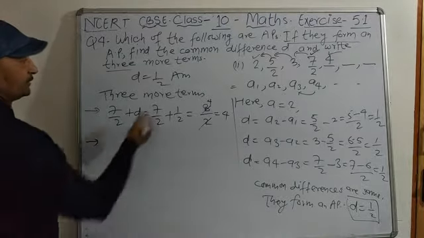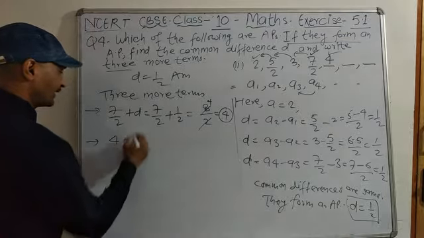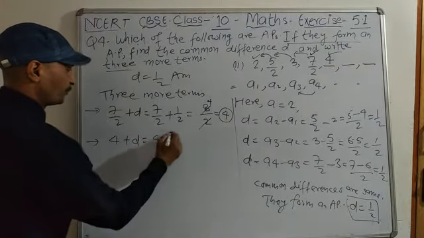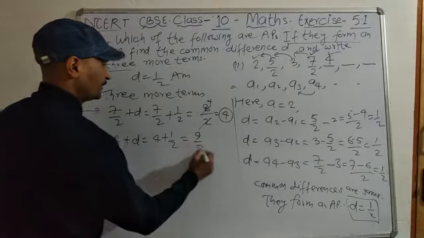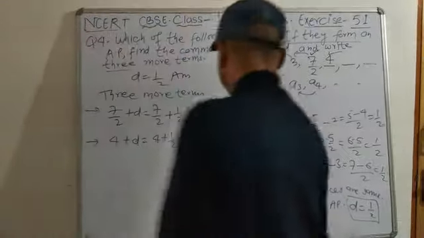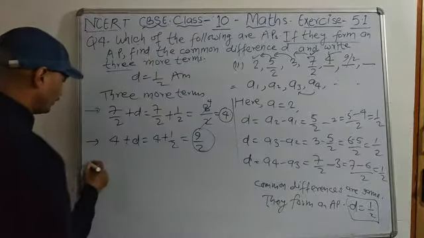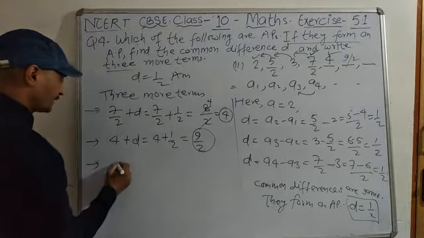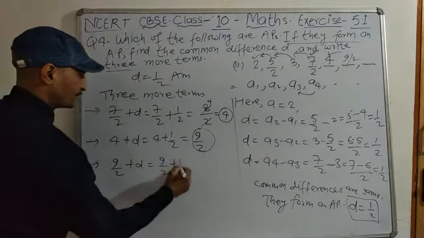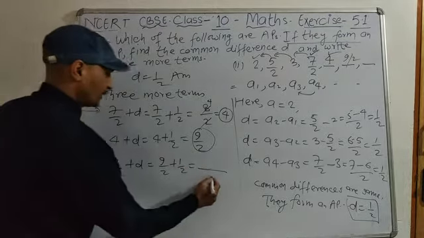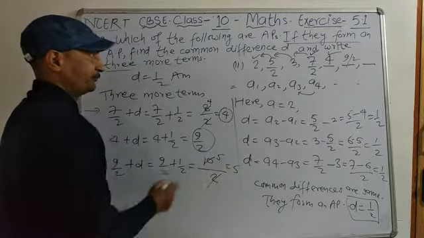Now second more term, it is 4 plus again D, that means 4 plus 1 by 2, 2 4 is 8, plus 1, 9 by 2. Second more term is 9 by 2, and third and last is this 9 by 2 plus D equal to 9 by 2 plus 1 by 2, LCM 2, 9 plus 1, 10 by 2, that means 5.